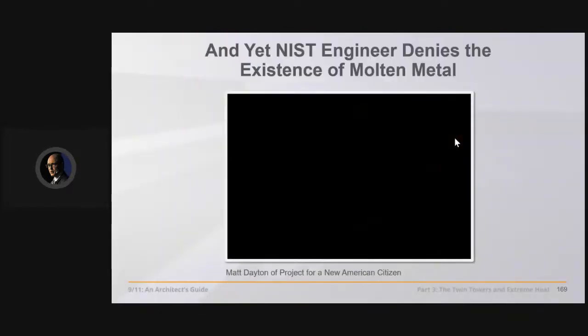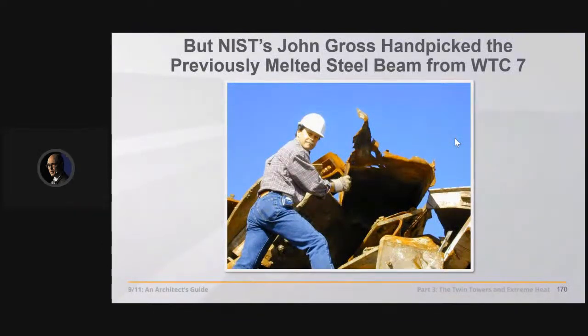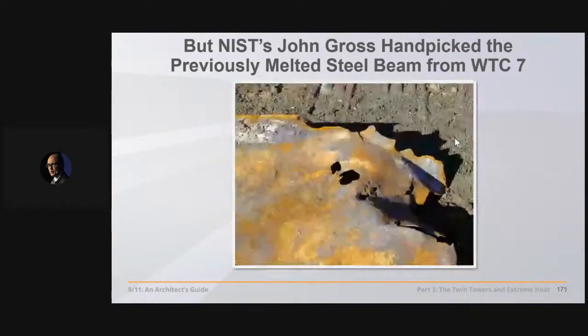And yet here's John Gross, the very individual saying there's no evidence of this, cutting off the very piece of the steel that was sent to FEMA for their metallurgical examination, in which they found the evaporation of steel and the liquid molten iron and sulfur attack on it.